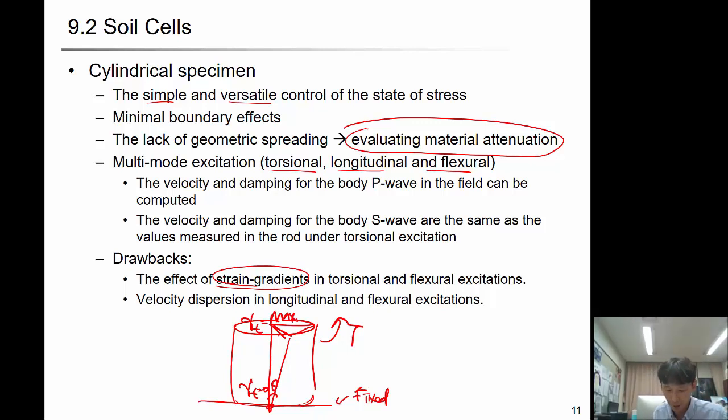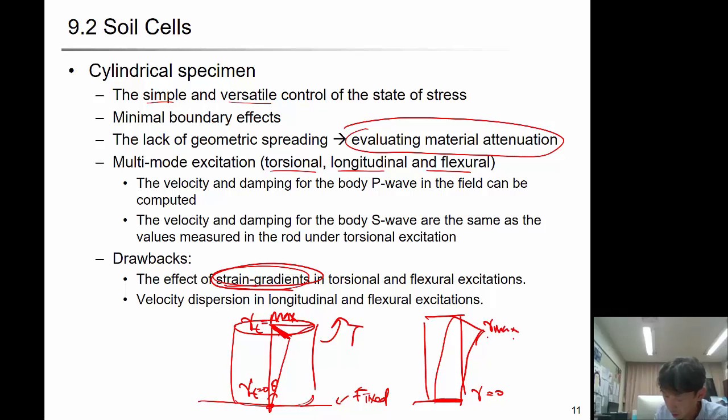So you have a strain gradient that's biggest at the top and smallest at the bottom. There is also velocity dispersion in longitudinal and flexural excitations. And in flexural, the strain gradient is also produced like this, because at the bottom the strain is 0, but at the top you get the maximum shear strain.